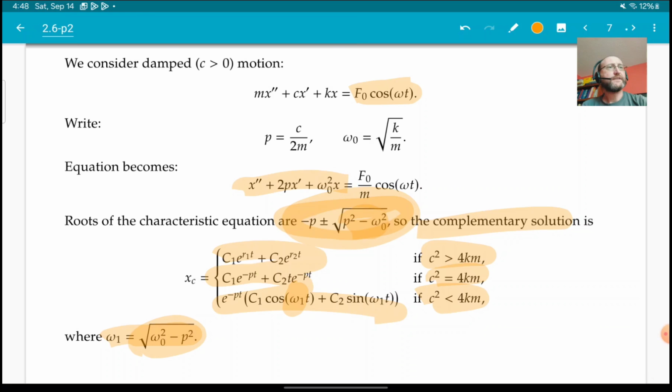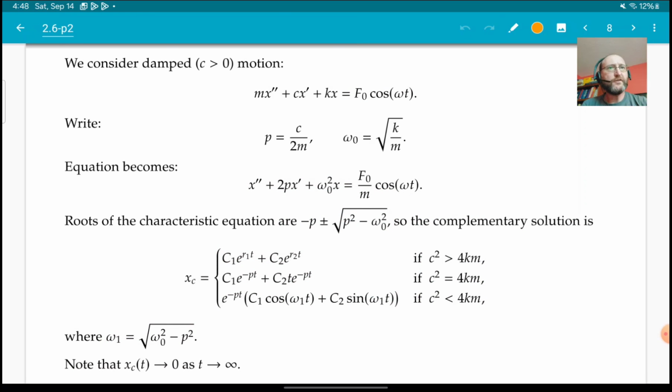Now, notice something. Because c is positive and therefore p is positive, all of these, R1 and R2, these roots over here, or p itself, are negative, and minus p is negative. So all of those exponentials, as t goes to infinity, go to 0.